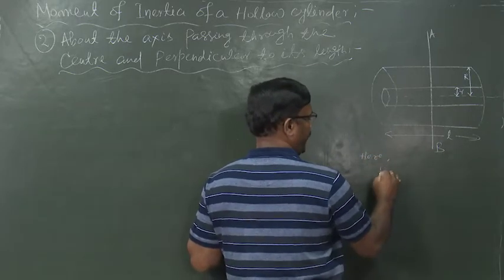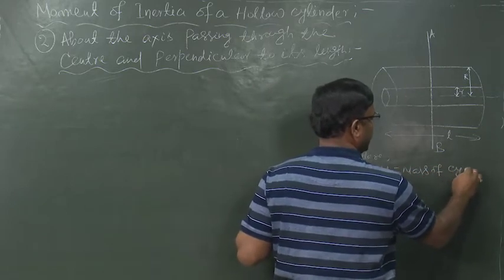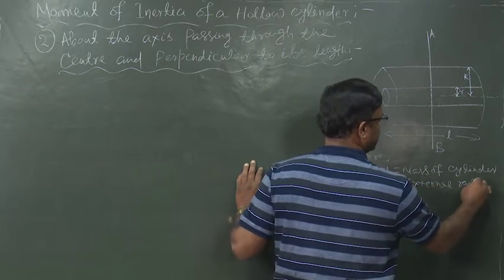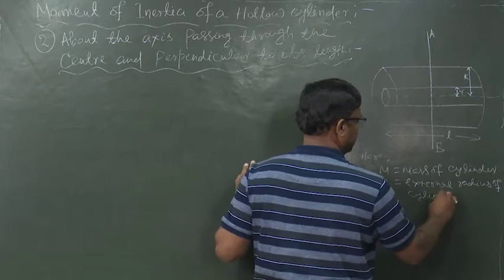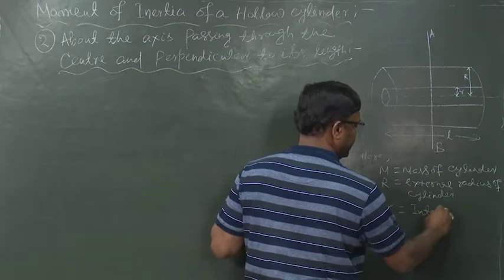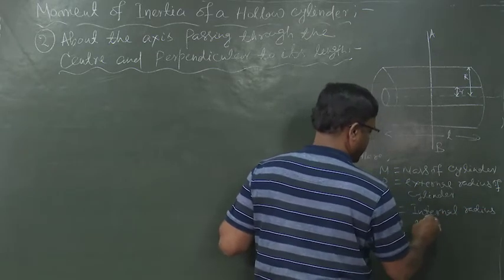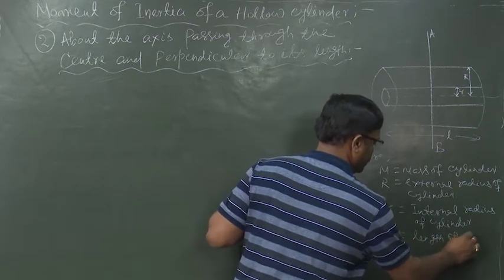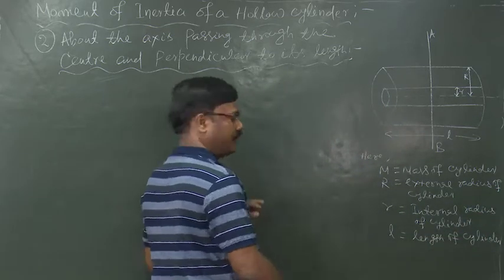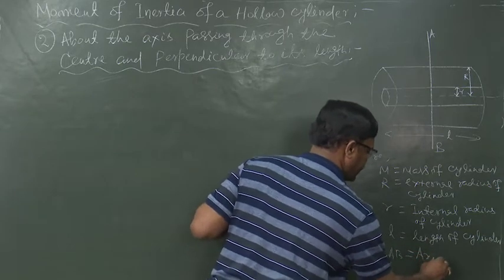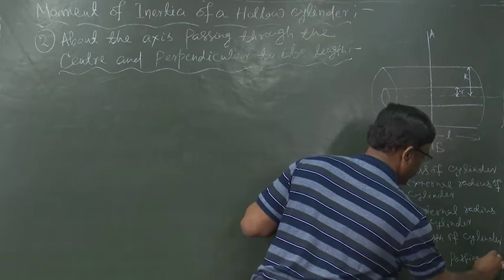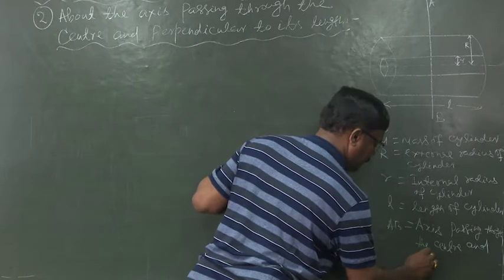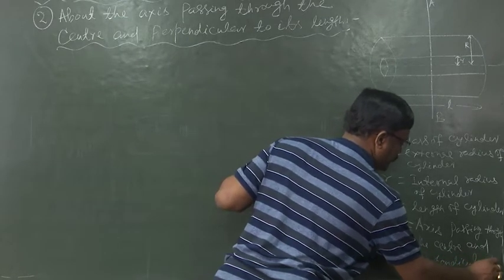Here, m is equal to the mass of the cylinder, capital R is equal to the external radius of the cylinder, small r is equal to the internal radius of the cylinder, L is equal to the length of the cylinder, AB is equal to the axis passing through the center and perpendicular to its length.